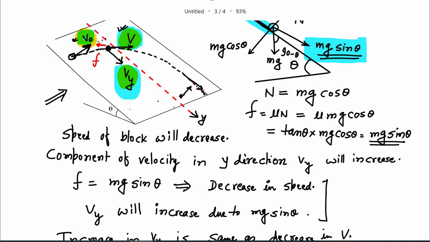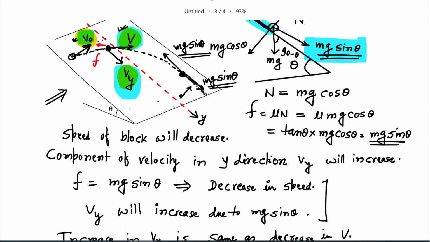All the velocity will be along the y direction, because this speed will reduce, and finally at one time the friction force that is acting, mg sin theta, and the driving force that is acting along this line, which is also mg sin theta, will equate to each other in equilibrium, and the block will be moving along the y direction.